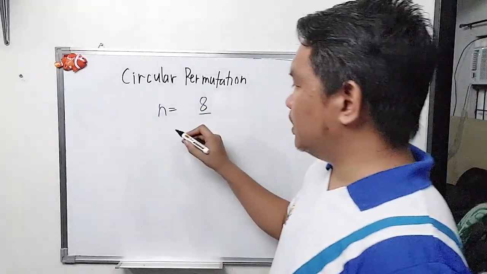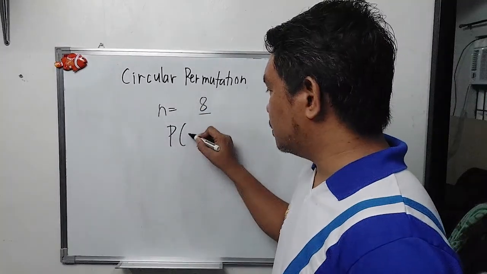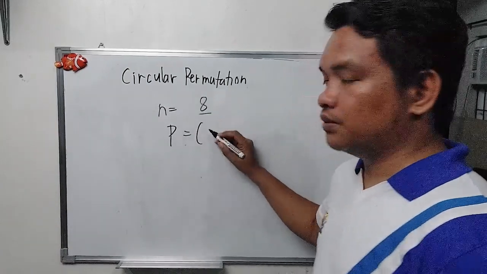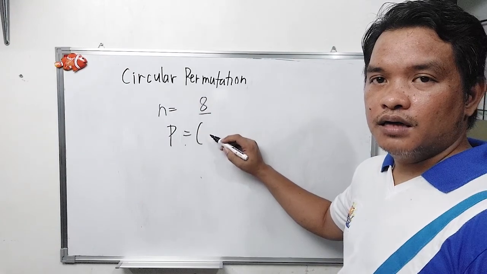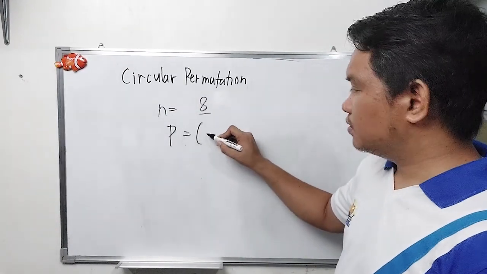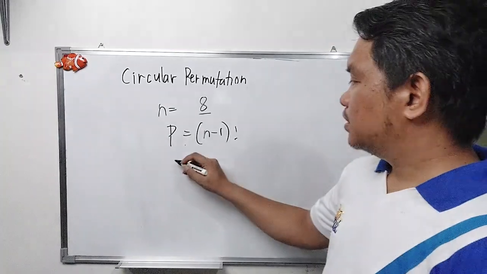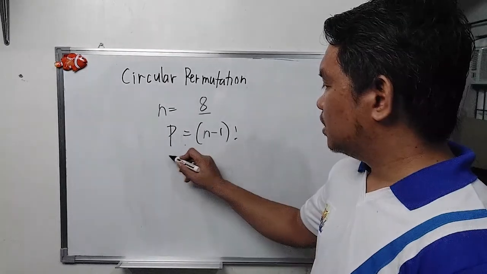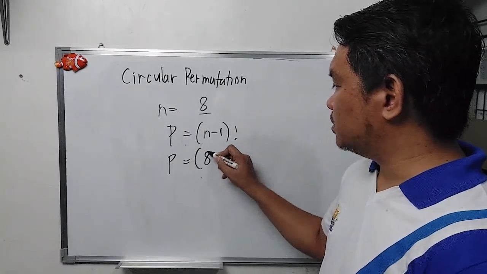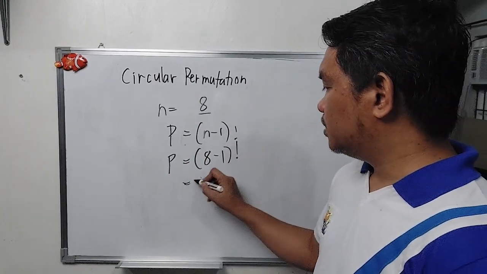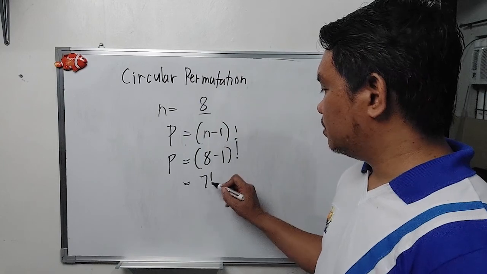So, using the formula, the circular permutation is equal to n minus 1 factorial. It is simply permutation is equal to 8 minus 1 factorial, which is equal to 7 factorial.